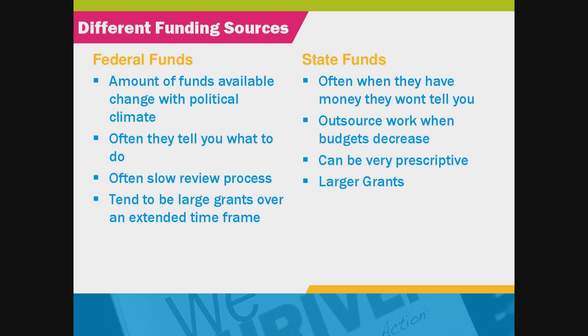Often within a federal grant, they are going to tell you what to do. They're going to be prescriptive and say, these are the goals you're working on, and here are some objectives. You may have some room to figure out how exactly it's implemented in your community, but it can be pretty specific. There's often a slow review process, and it tends to be larger grants over an extended time frame.